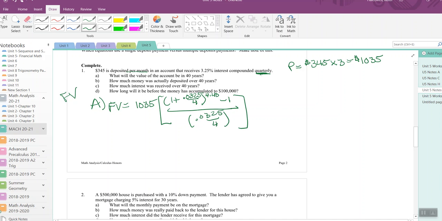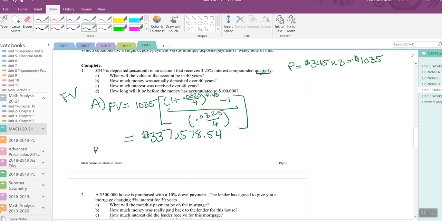You can type it in your calculator just like that, and when you do, you get $337,578.54. Remember, you're rounding to 2 decimal places because it's money.